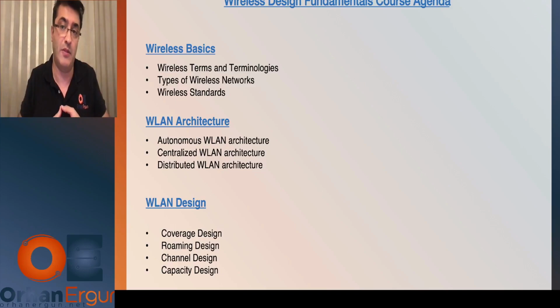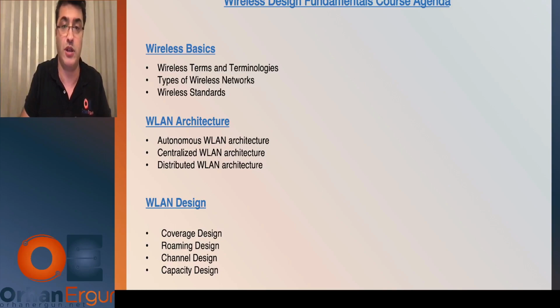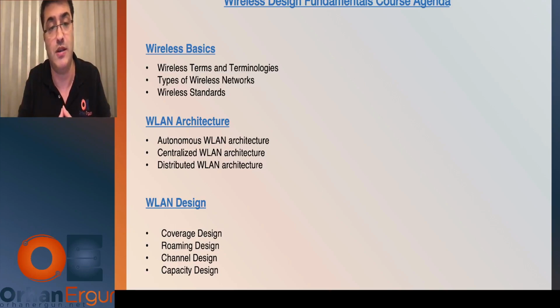How we can apply it to high density environments, very high density and ultra high density. In these kinds of environments, what should be our design considerations for more capacity, for example warehouses or stadiums? How should the WLAN design be to cover the entire area, where maybe there are thousands, if not tens of thousands, of people?